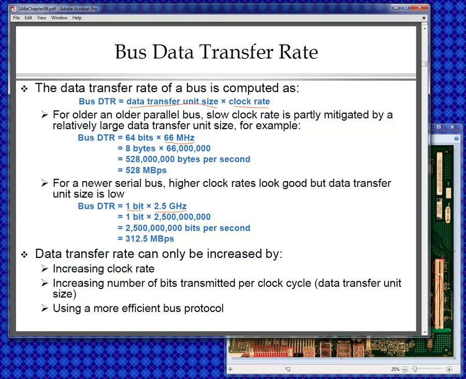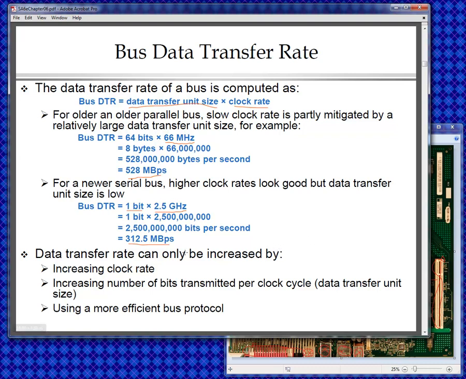So looking at this, 312.5 versus 528, you might say, well, hold it, we went to serial bus because it was supposed to be better, but it's actually slower than the old parallel bus. Well, that's true, but there are things we can do to improve that.